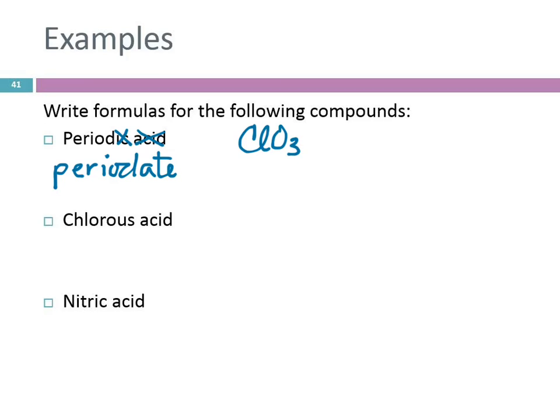Chlorate is ClO3 minus. Iodine and chlorine are sisters. They do things the same. Iodate is IO3 minus. What do I change to make per-iodate? One more oxygen. So per-iodate is IO4 with a -1 charge.